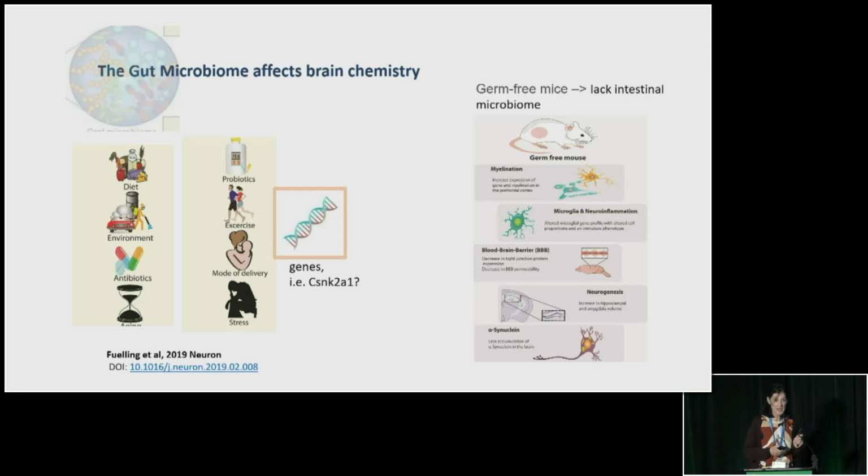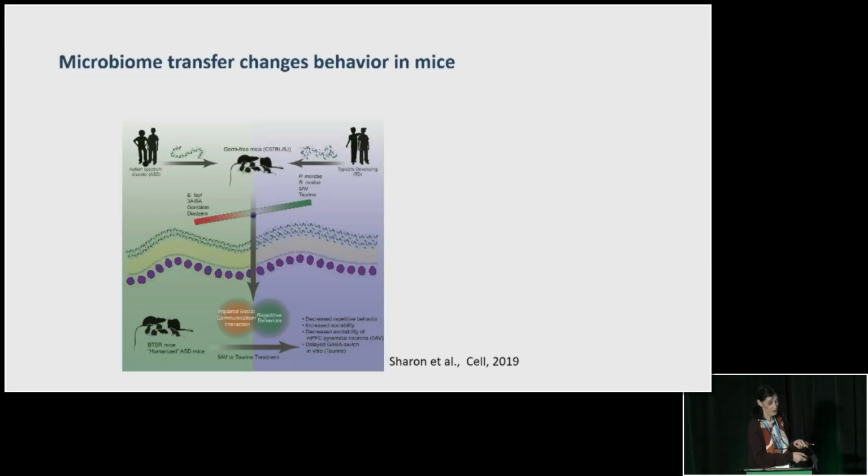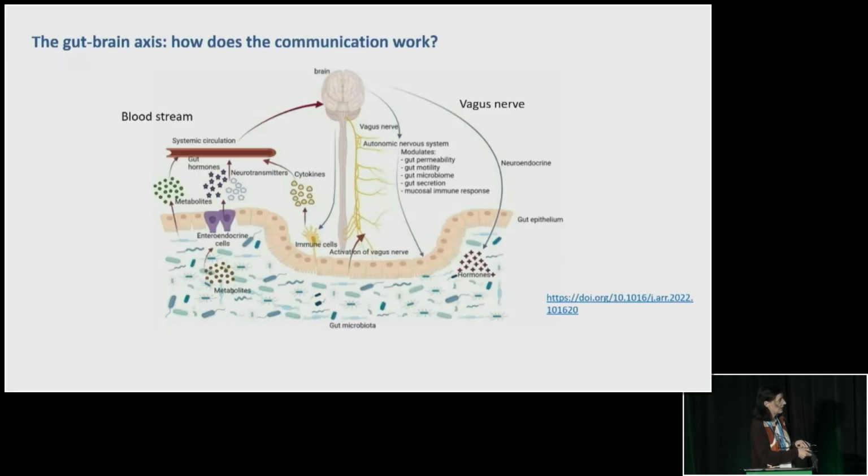They are called germ-free mice, and they had abnormal behaviors. So we started to understand that the gut and the brain communicate, and that's now very well established: the gut microbiome, when it's not in balance, can have detrimental effects on the brain. It can cause inflammation in the brain.